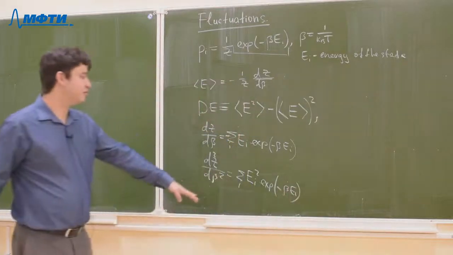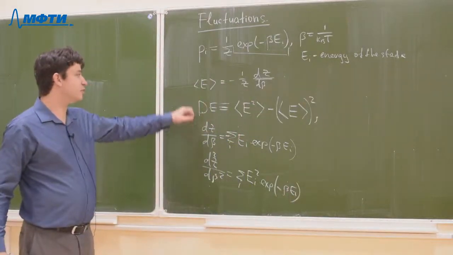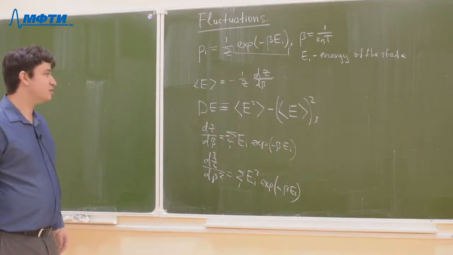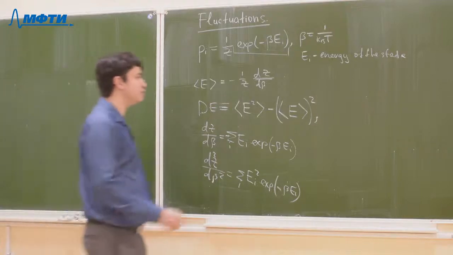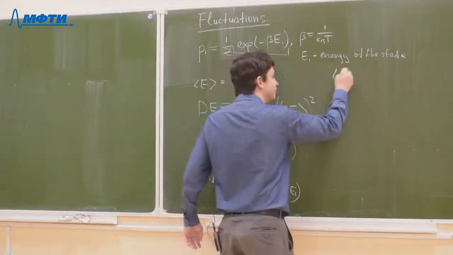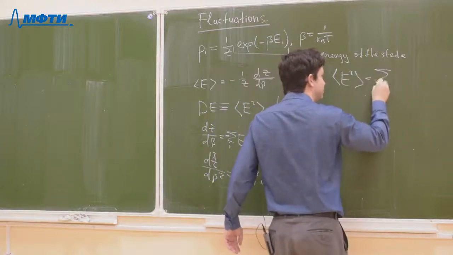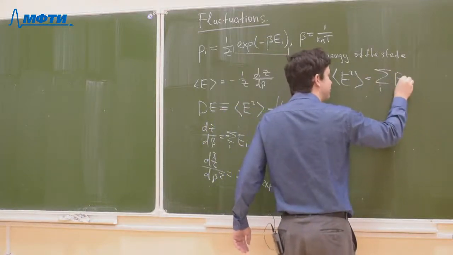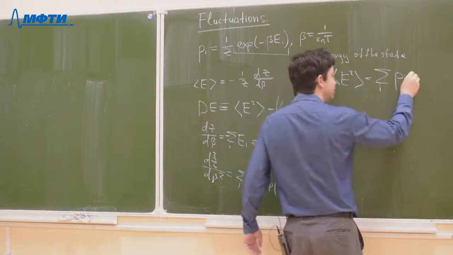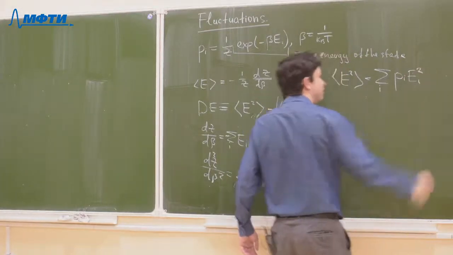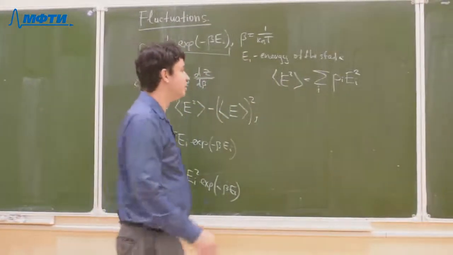From this expression, it is very easy to obtain the expression for the average square of energy. We just need to write the definition for this average. According to the definition, we need to multiply the probability of a certain energy to be occupied by the squared energy.